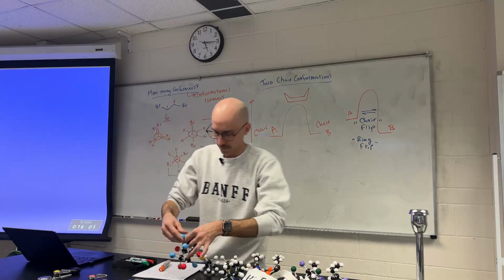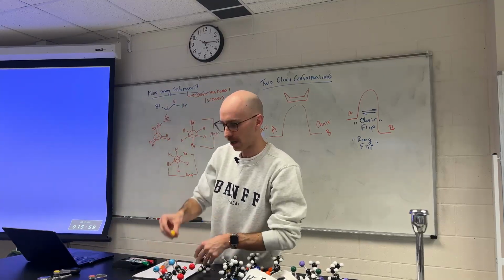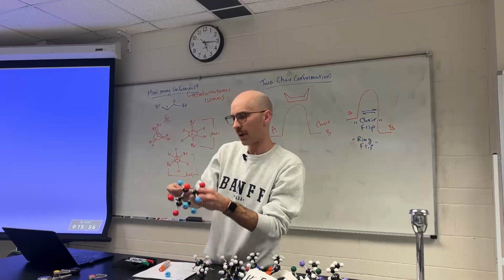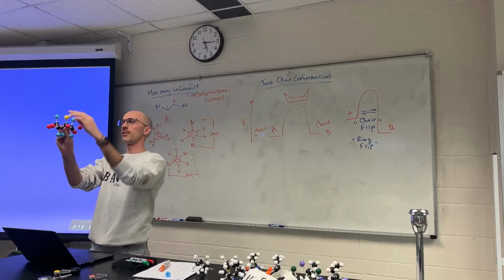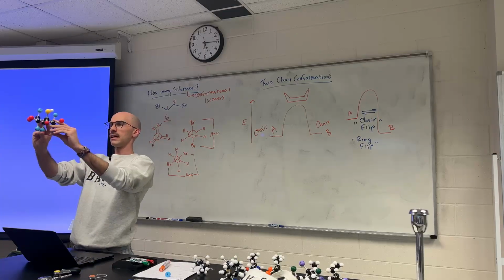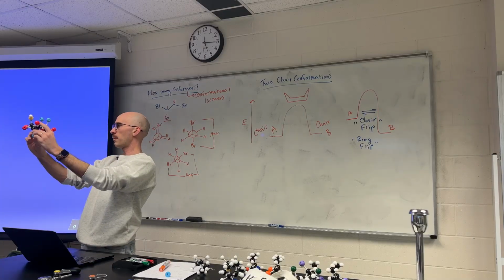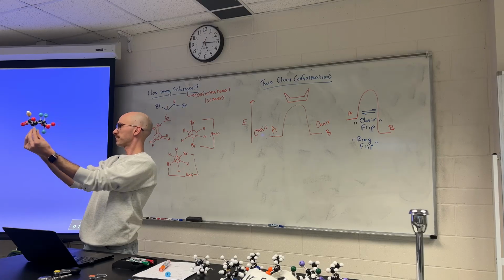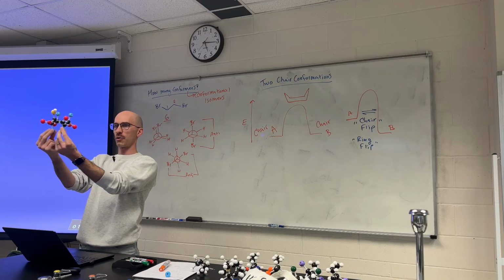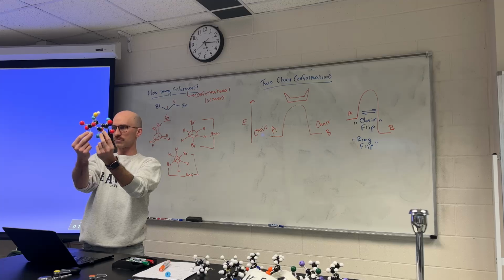Now I want to point out how the terms up and down stay the same. Let's pay attention now to this yellow substituent. Is the yellow substituent up or down? Up. Is it axial or equatorial? Axial.